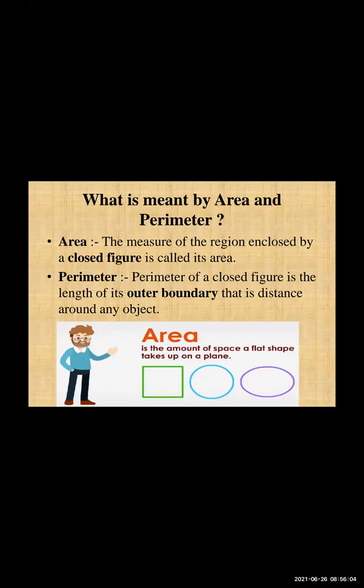See here in the image, area is the amount of space a flat shape takes up on a plane. Whatever plane is given, the space that the closed figure takes on that flat surface is your area.